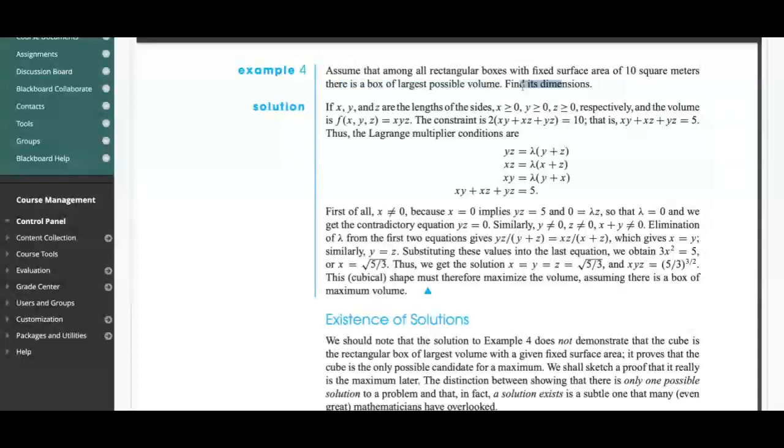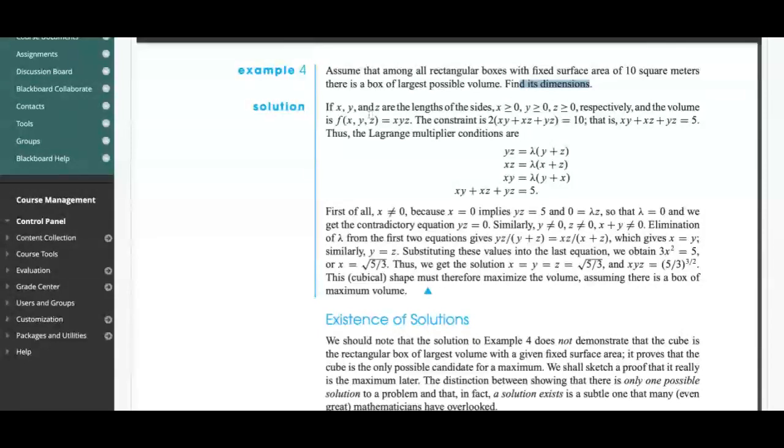All right. Find its dimensions. That means we need to find the critical points. We need to form a function f, form a function g, then use Lagrange multiplier method to find critical points on the common domain of those 2 functions.